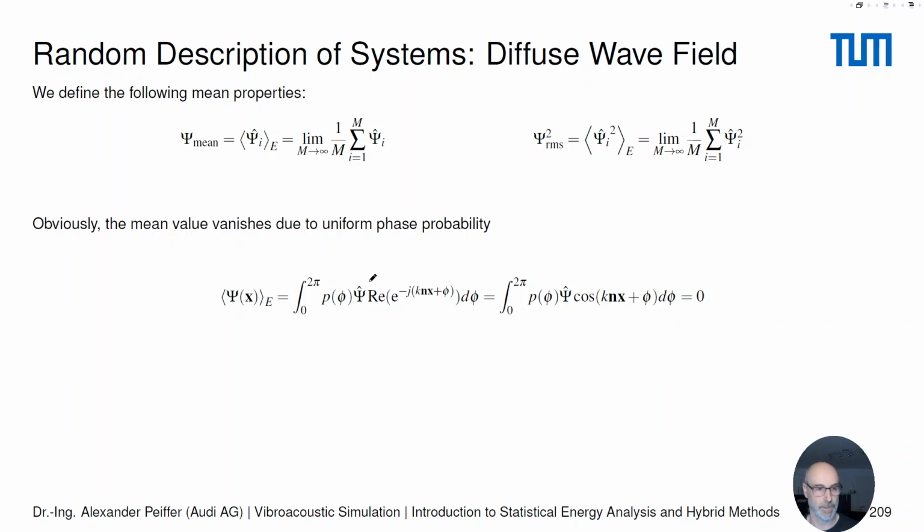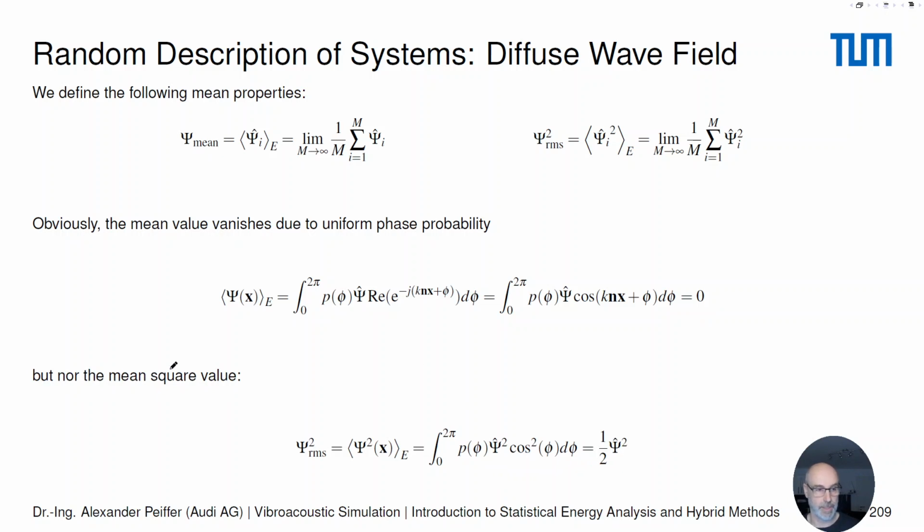And that's clear. So this is once again denoting that if we do the average at one position in space, it will be 0, because this is just the mean value of the amplitudes. That's a very important point.